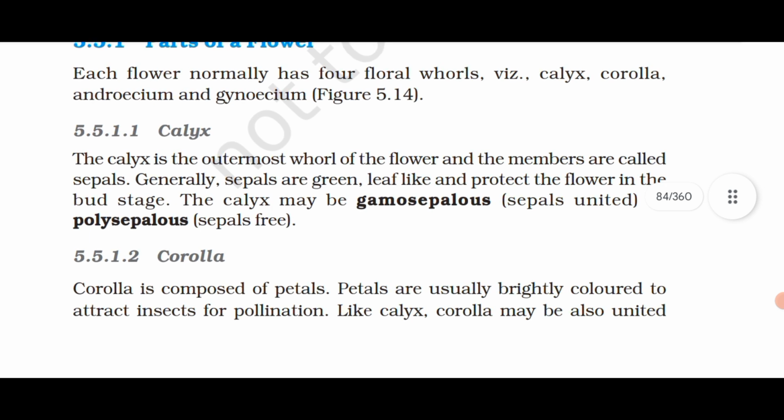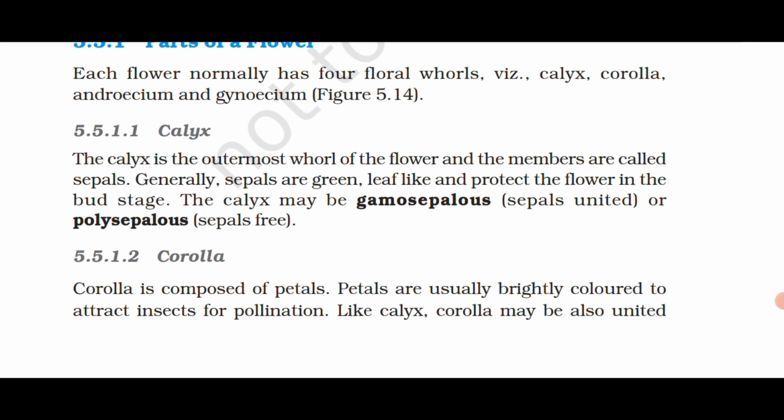The calyx is the outermost whorl of the flower and the members are called sepals. Generally, sepals are green, leaf-like and protect the flower in the bud stage. The calyx may be gamosepalous (sepals united) or polysepalous (sepals free).